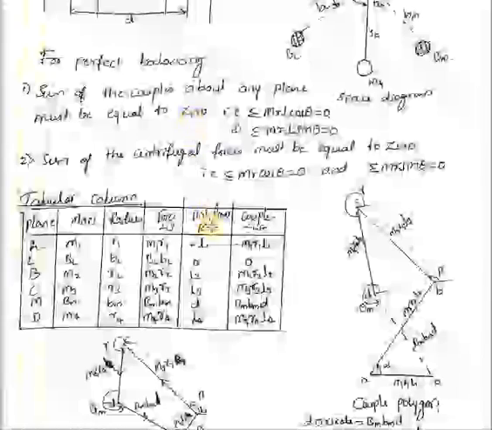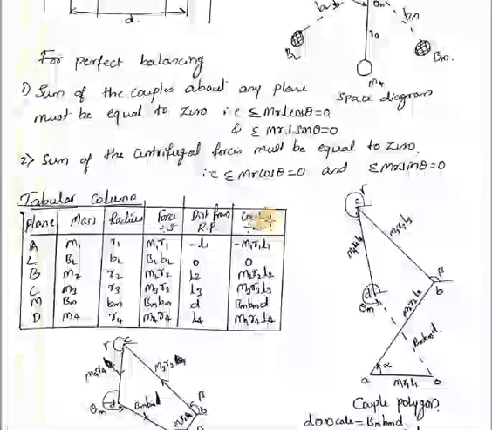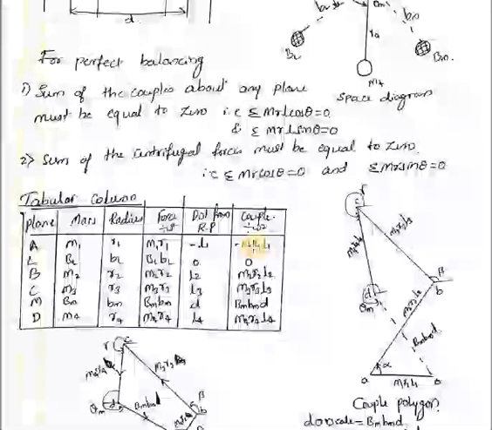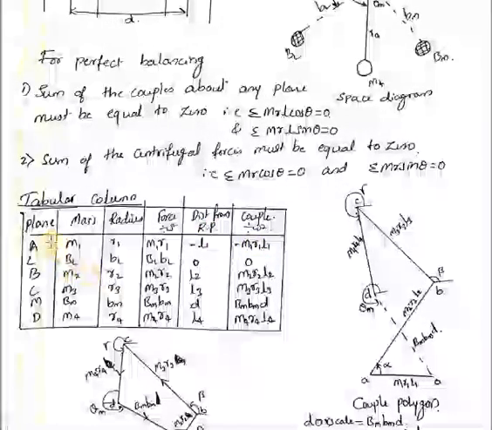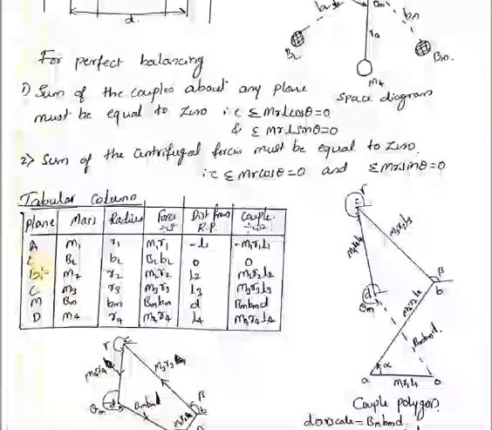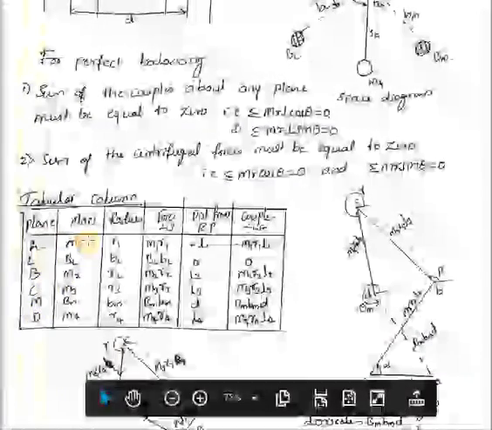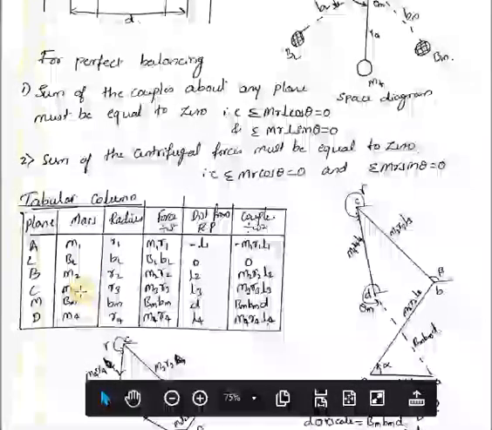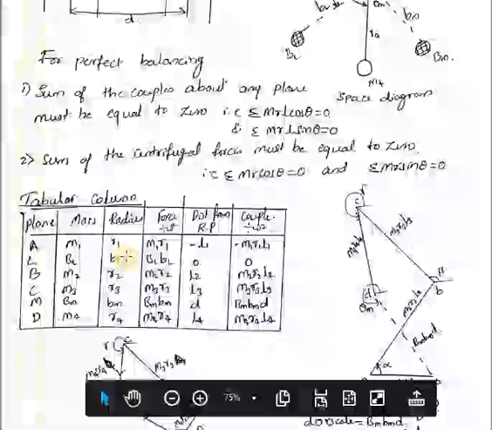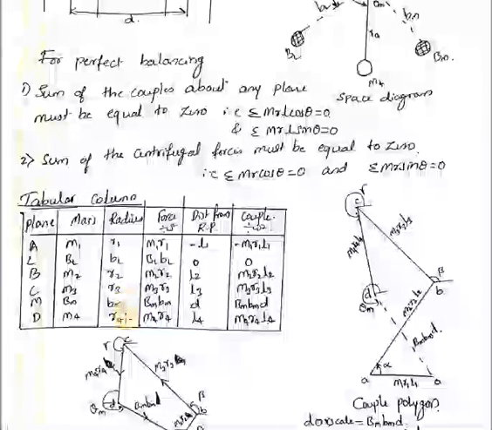Okay, so distance from reference plane, then couple, that is going to be equal to force into distance from reference plane. So in the first column, you need to write all the planes. The planes are A, L, B, C, M, D. Masses are M1, BL, M2, M3, BM, M4. Radius R1, RBL, R2, R3, RBM and R4.